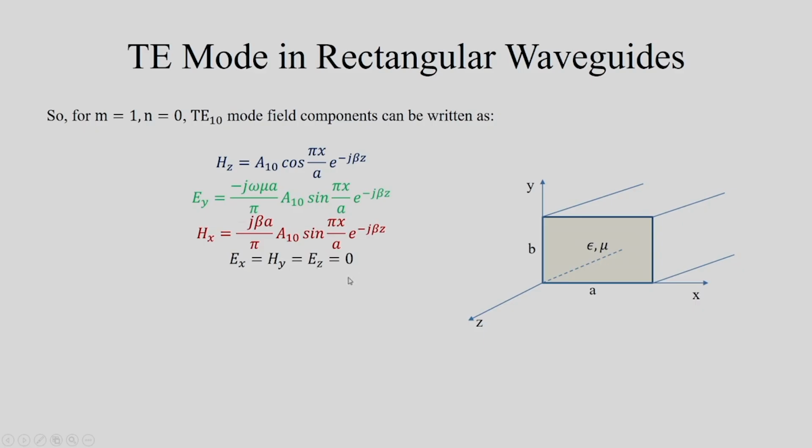So, here we have only three field components, one electric field component and two magnetic field components.